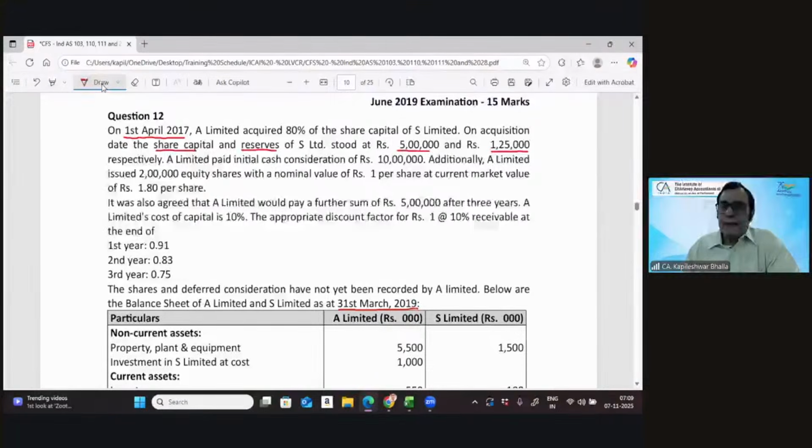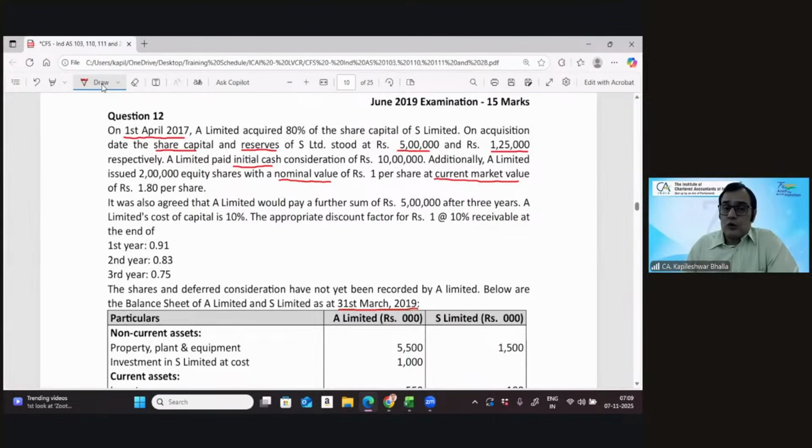Then he says A paid an initial cash consideration of 10 lakh. Additionally, A will issue 2 lakh equity shares with a nominal value, that is face value, of 1 at a current market value of 1.8. So the consideration is paid in cash, and the consideration is paid in the form of equity shares.